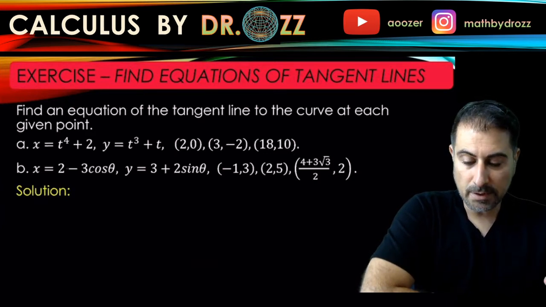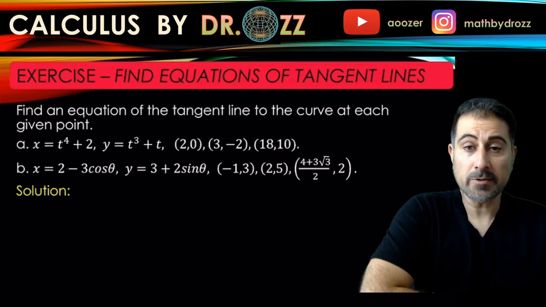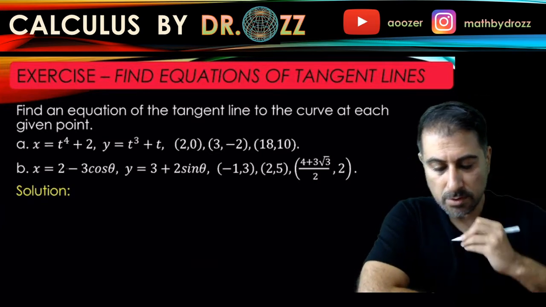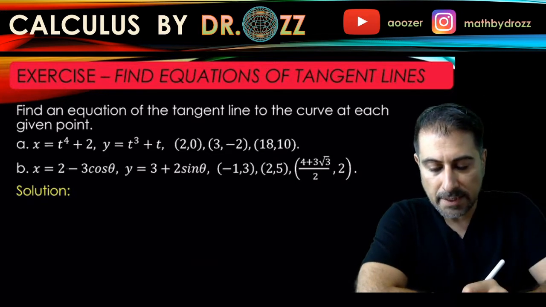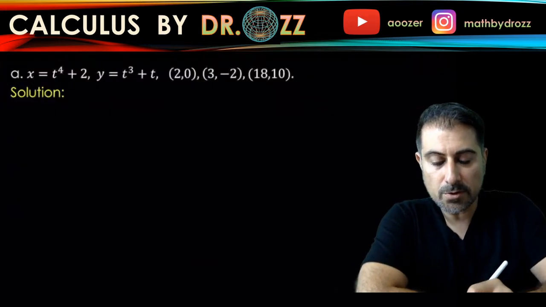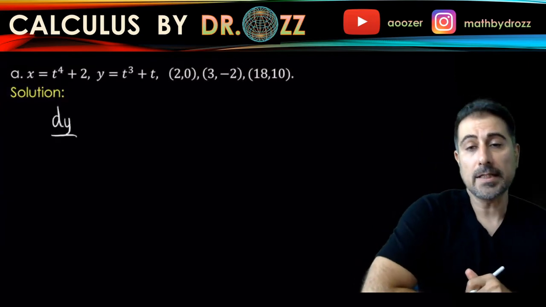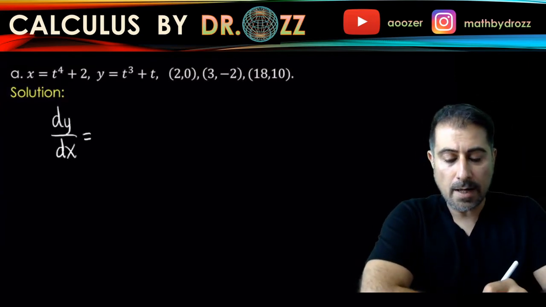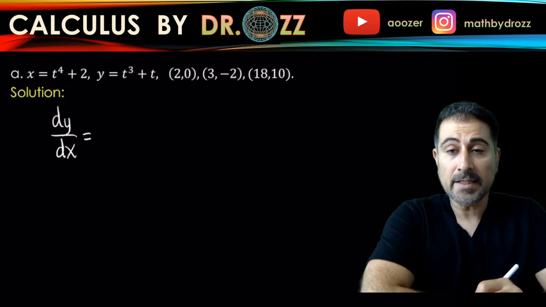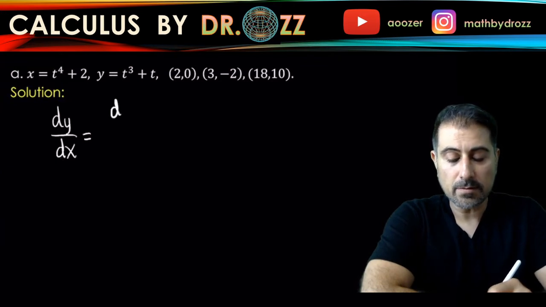Unfortunately, these equations are parametrized, so we have the parametric equations, not the rectangular equations. So what we can do here is use the formula dy over dx written in terms of dy over dt and dx over dt, by dividing top and bottom by dt.